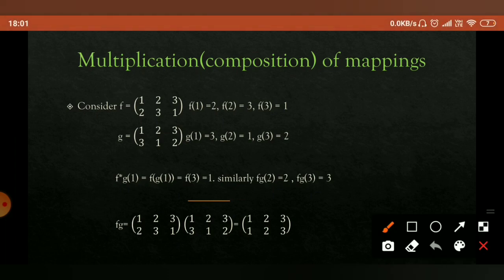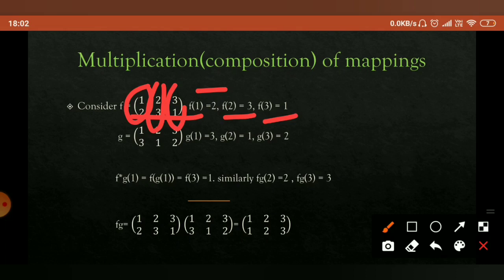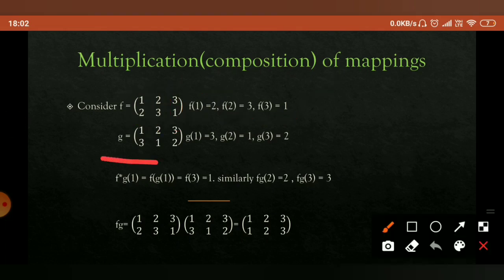Let F be a mapping which attaches 1 to 2, 2 to 3, 3 to 1. So it means the image of 1 under F is 2, because 1 is attached to 2, and the image of 2 is 3 and the image of 3 is 1. In the second mapping G, again 1, 2, 3 are the elements in the upper row, maintaining the order, and in the lower row you have to write the images.